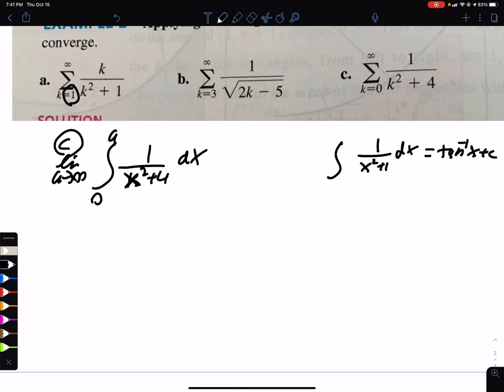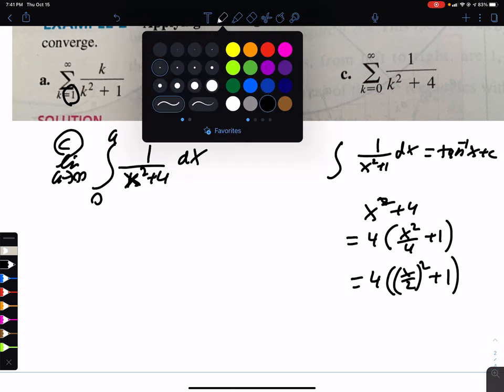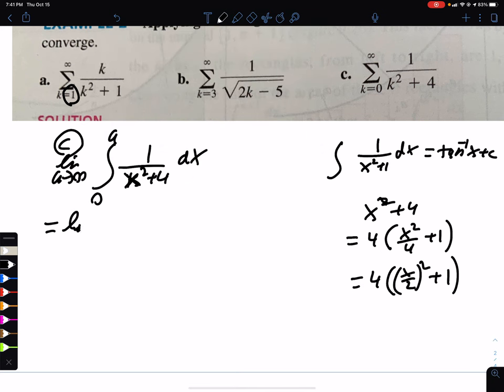So as some side work, I'm going to rewrite this by taking a 4 out. That gives me 4 times x squared over 4 plus 1. If you don't believe me, distribute that and you do get that. Then I can rewrite this as 4 times (x over 2) squared plus 1. And so I'm going to replace and rewrite the original with all that.